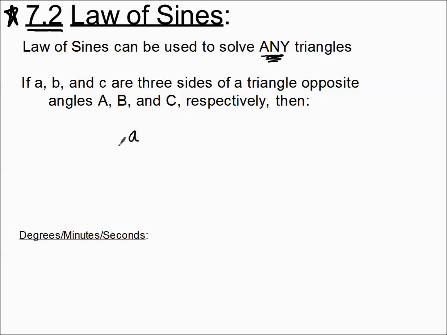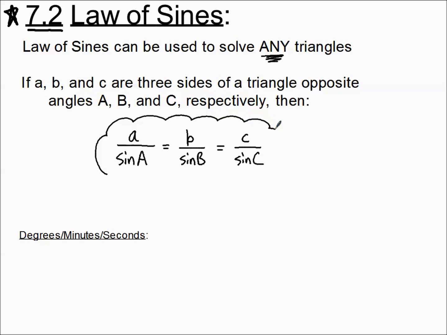The ratio that compares the side little a to the sine of its angle will always be equal to the ratio that compares little b to the sine of its angle, and those will both be equal to this ratio that compares little c to the sine of its angle. And that's the law of sines. The law of sines is a set of three ratios that compares the side to the sine of its angle.